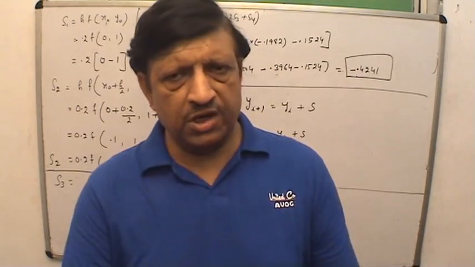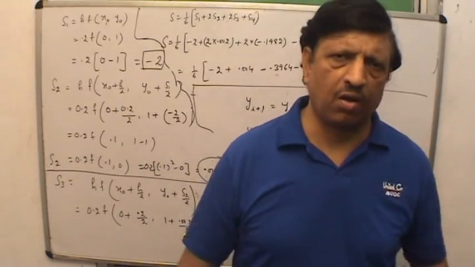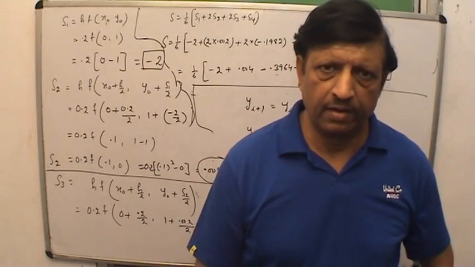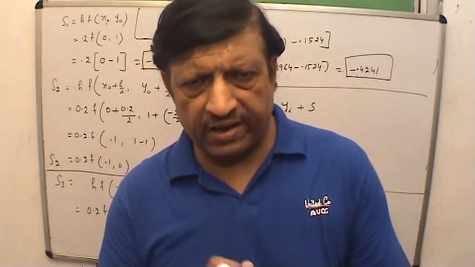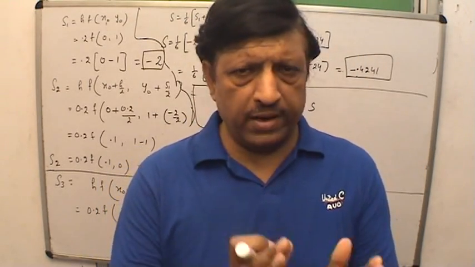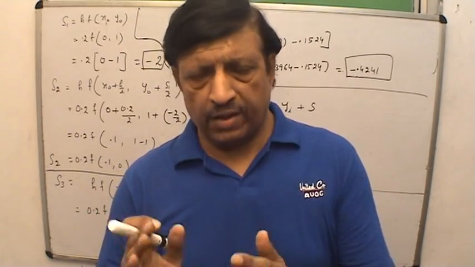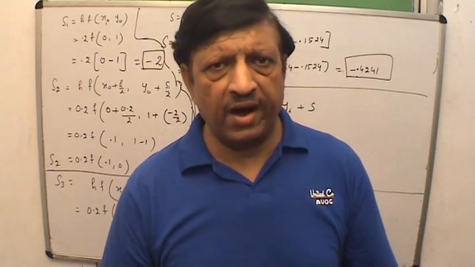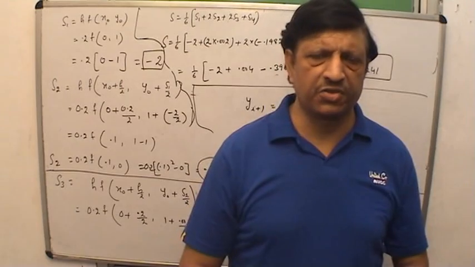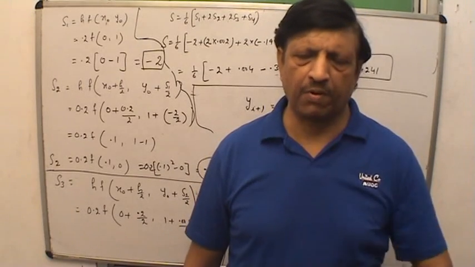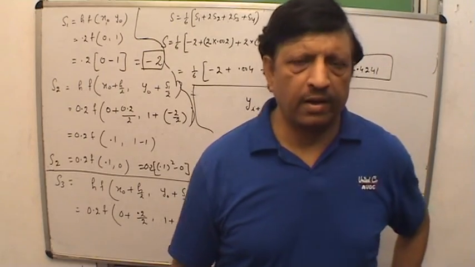If we change our statement this way: if three coins are tossed simultaneously, find the probability of coming three heads, it is simple probability, and it will be 1 by 8.